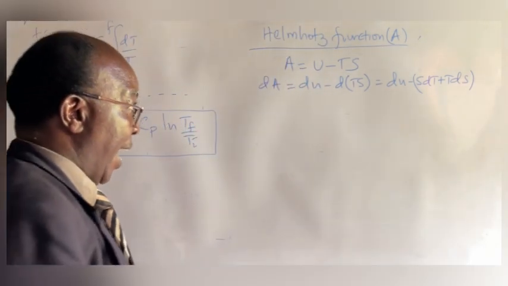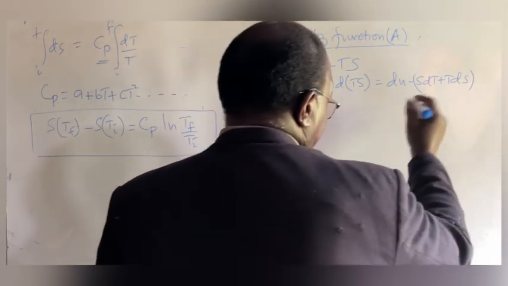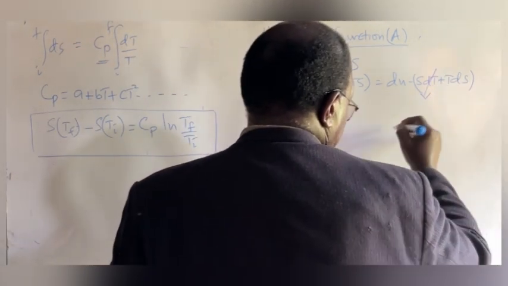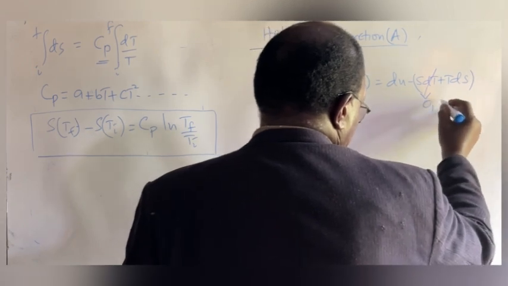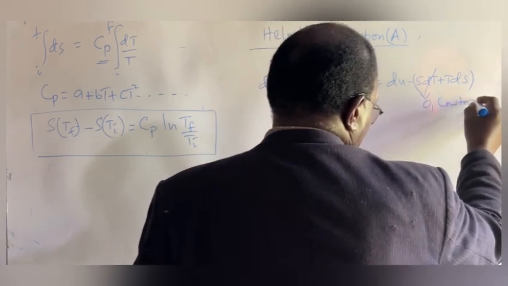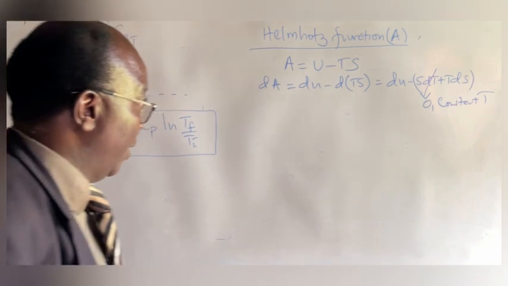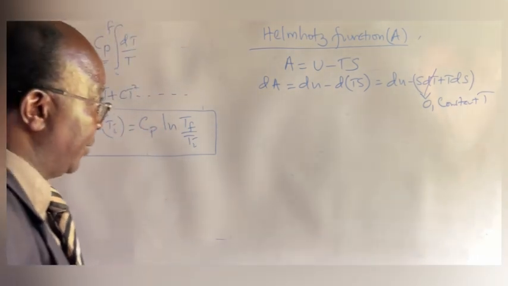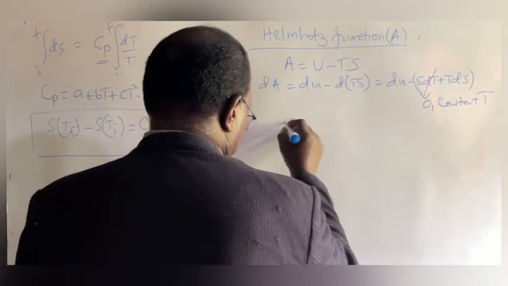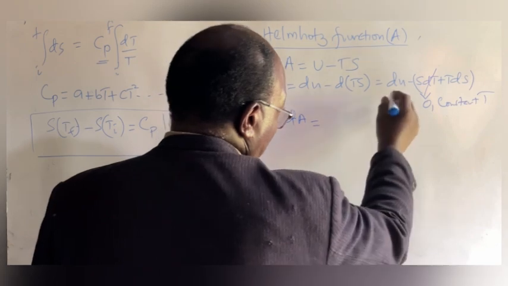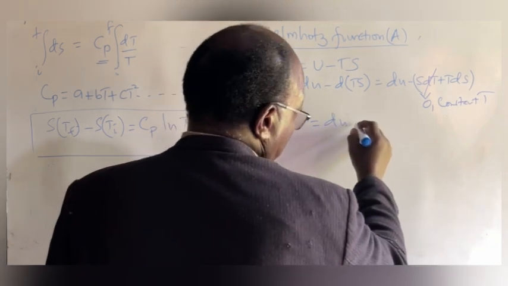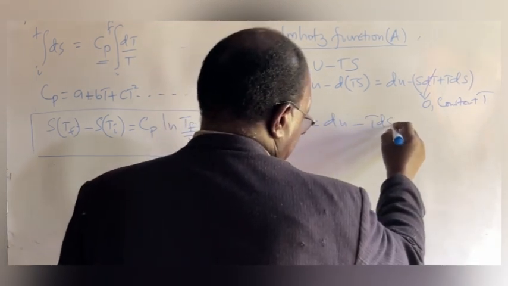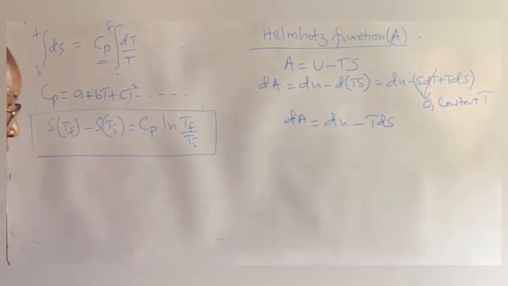Remember that. And so if we are dealing with constant temperature, then dT will be 0. So that dA is equal to dU minus T dS. So what does that mean?